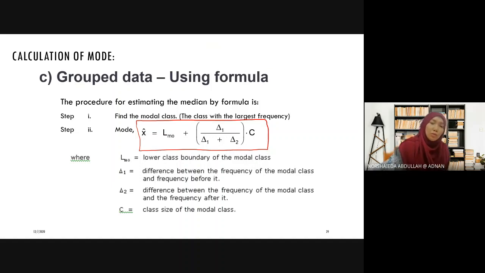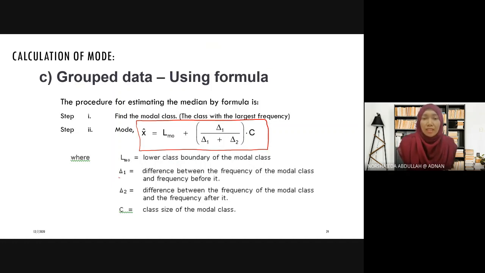After we know the modal class, next we just substitute the values needed into the formula. L_mo is the lower boundary of the modal class, and then we have delta 1 here.